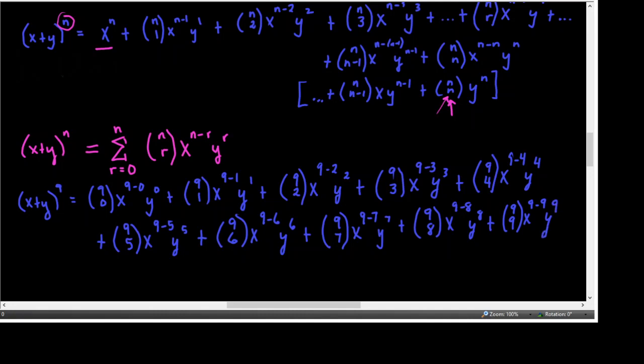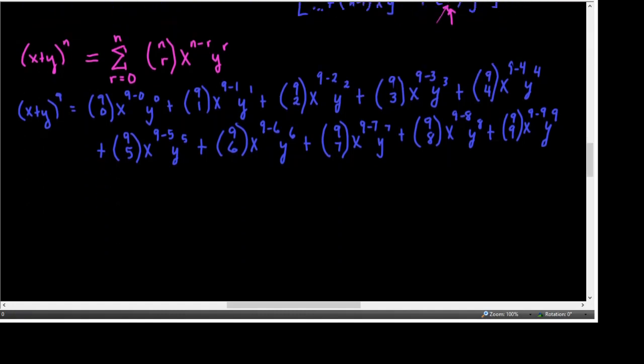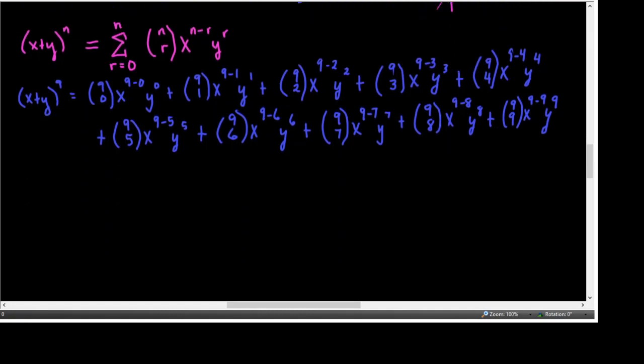Now, you're probably going to need to go to your calculator for some of these factorial expressions and choose r, that nCr command on your calculator. Do 9 nCr 0 and 9 nCr 1, etc., and do all of those.